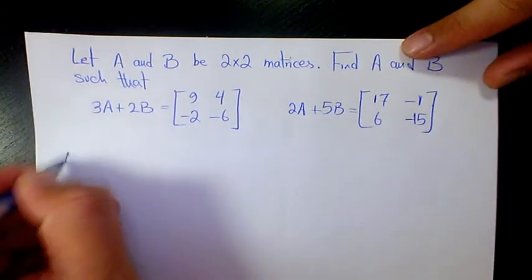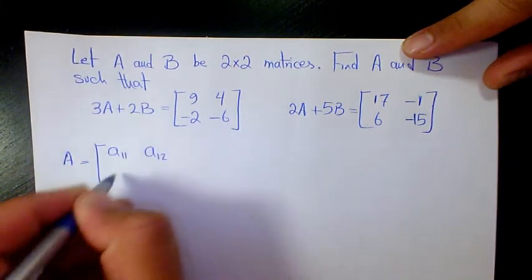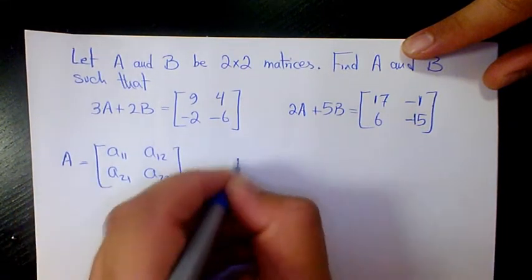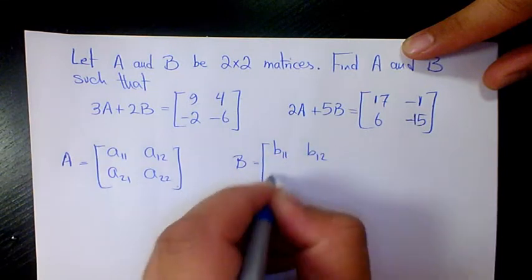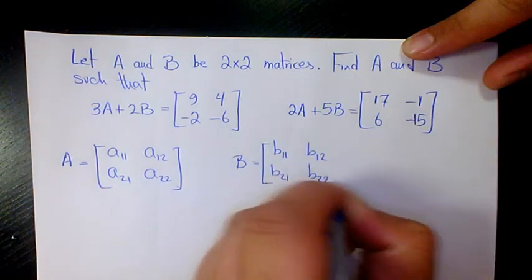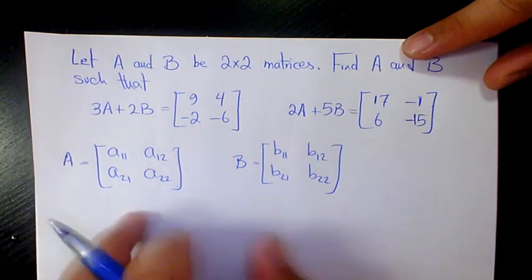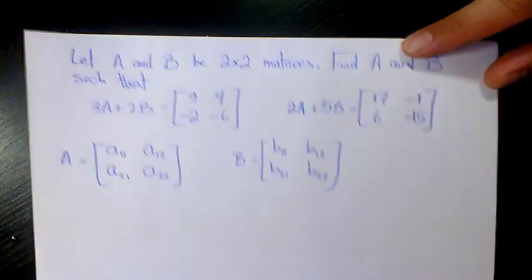So if I assume A is A11, A12, A21, and A22, and also if I assume B is B11, B12, B21, B22, we are 100% sure that these are supposed to be 2 by 2 matrices because we are adding them and we get a 2 by 2.